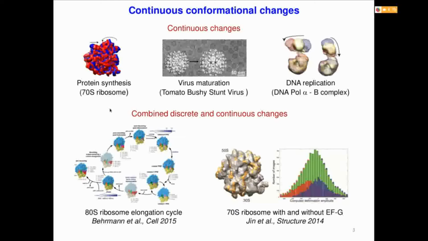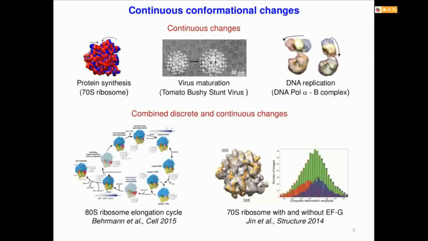Examples of these changes are the ratcheting motion of the ribosome 70S complex, in which one subunit is rotating with respect to the other subunit, or here you have an example of swelling of icosahedral virus capsids. And then you have various different, more complex transitions, like opening and closing of a complex, like in this case, between the two lobes of this complex.